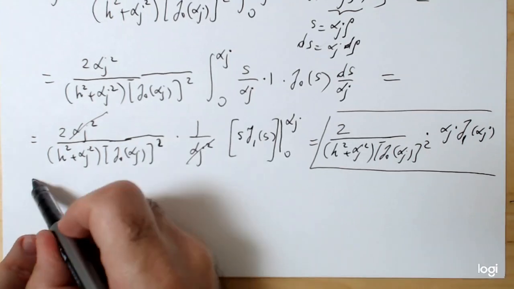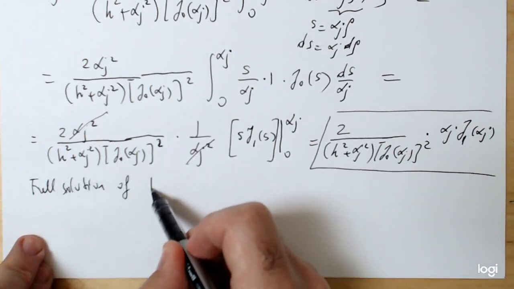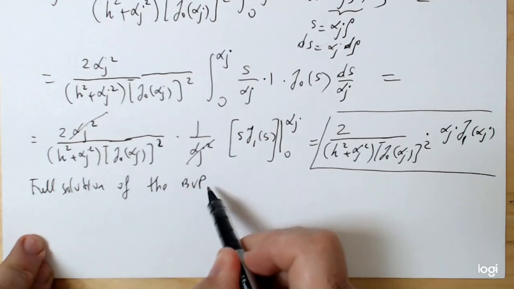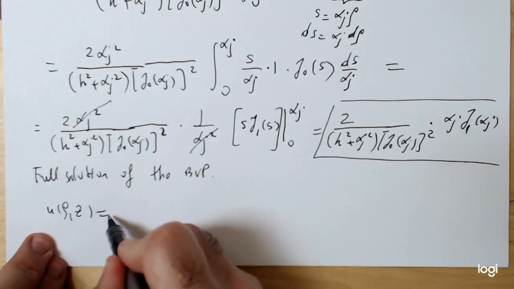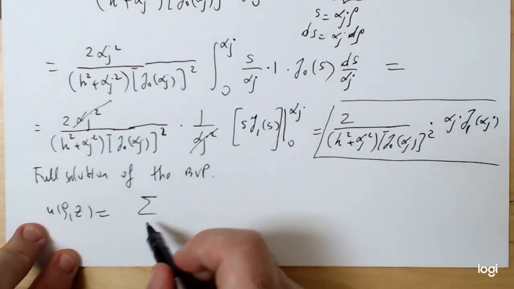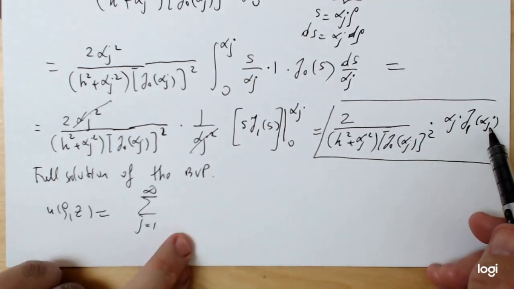All right, so then the full solution of the boundary value problem, going back to the series, so u of rho z, the steady state temperature, will be the summation from 1 to infinity. Plug in the coefficient we just found.